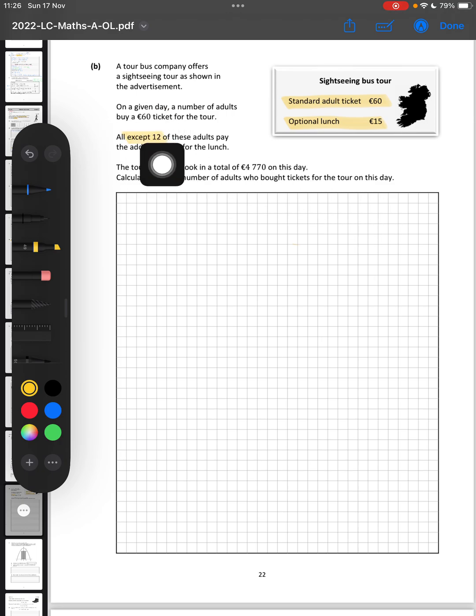Okay, so I already know that 12 of them paid for just €60 for a ticket. So I already know that that's how the company took in some of that money. Now if I let X be the number of people who paid for lunch, then to that I can add on the €75 by this X amount of people.